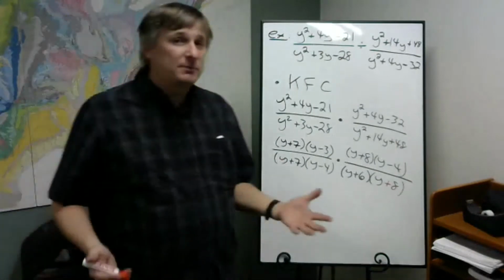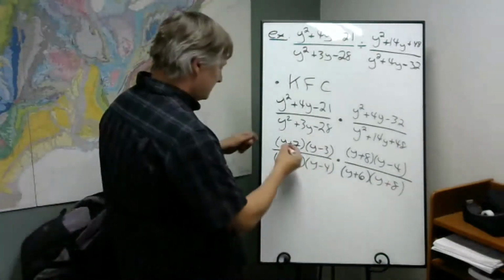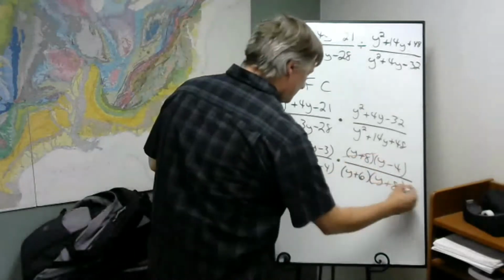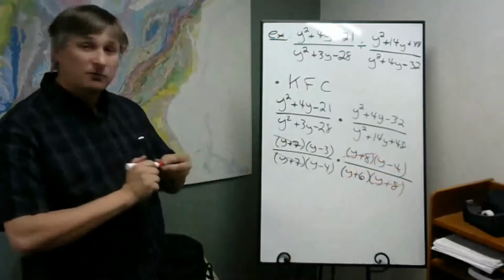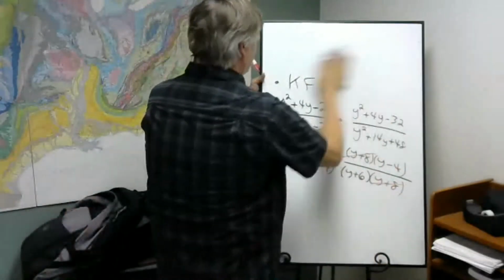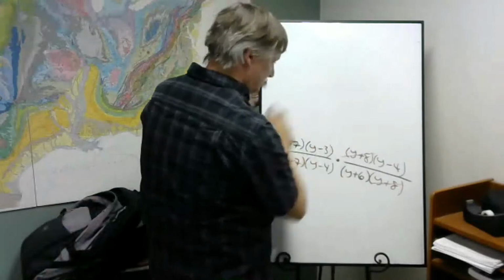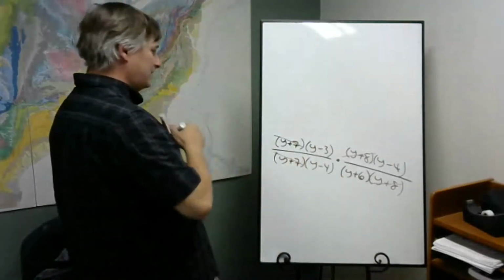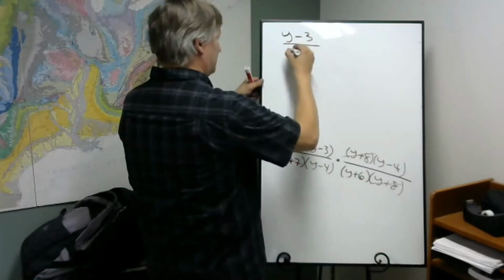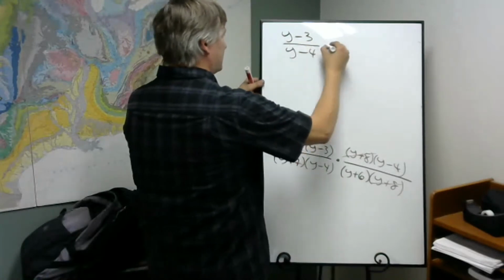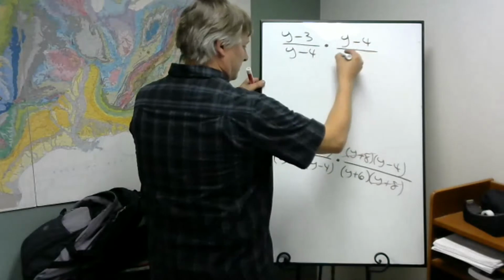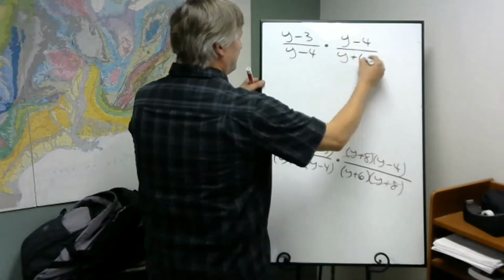Well, we can cancel things before we even multiply. Y plus 7's, gone. Y plus 8's, gone. So far, so good. So with y minus 3, y minus 4 times y minus 4 over y plus 6.